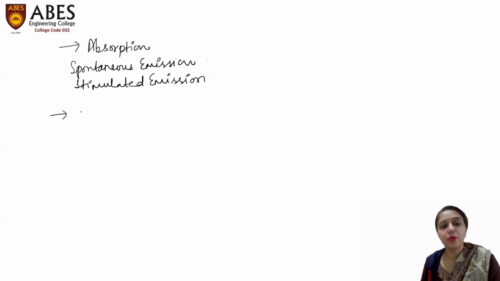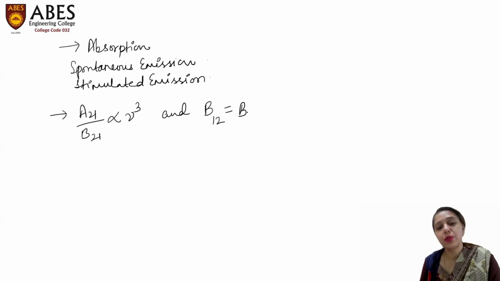Like we talked about A21 upon B21, we found this was proportional to u(ν). And also we derived that B12 equals B21. That is, the Einstein coefficient of absorption is equal to the Einstein coefficient of stimulated emission.